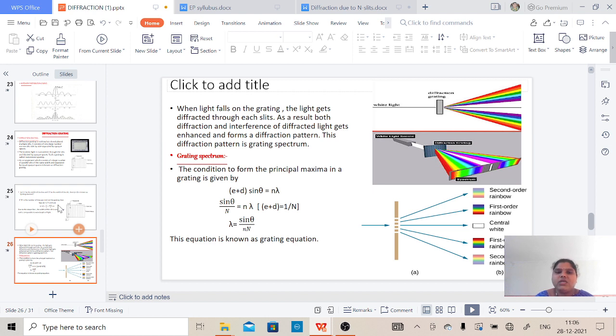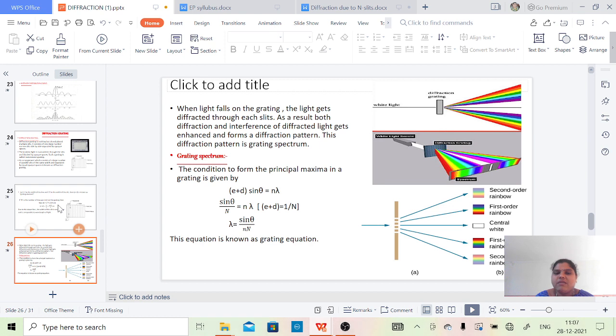When light falls on a grating, it gets diffracted through each slit. As a result, both diffraction and interference of the diffracted light get enhanced and form a diffraction pattern. This diffraction pattern is known as a grating spectrum. The condition to form the principal maxima in a grating is (e plus d) sin theta equals n lambda.